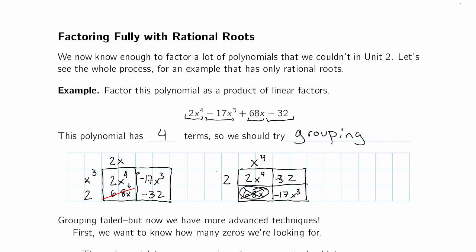That's no good. We're not going to get anywhere by grouping. Grouping has failed us. When we first talked about factoring, we said, if grouping fails us, wait for more advanced techniques. Here we are at more advanced techniques.